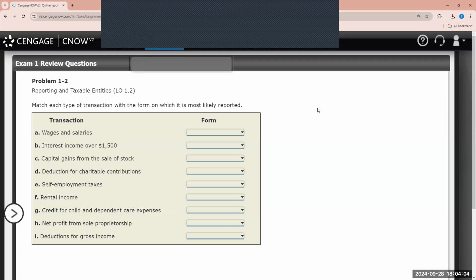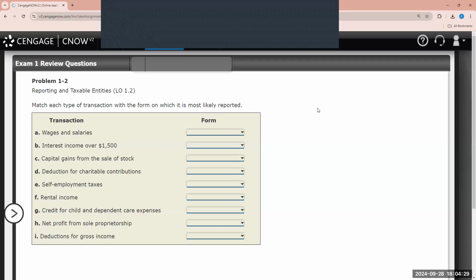Most individual taxpayers will either file Form 1040, or for taxpayers age 65 or older, they'll file Form 1040-SR. The 1040 and the 1040-SR are organized so that some taxpayers might only need to use this form. Items such as wages, interest, dividends, and common deductions are reported directly on the Form 1040.